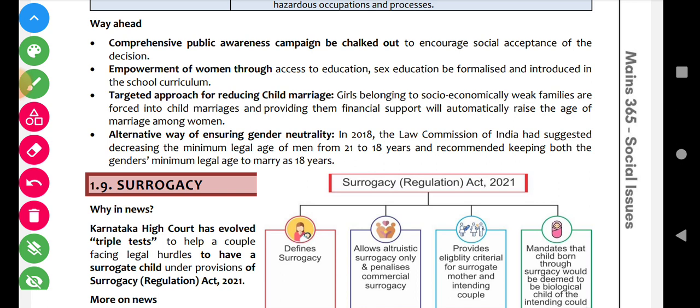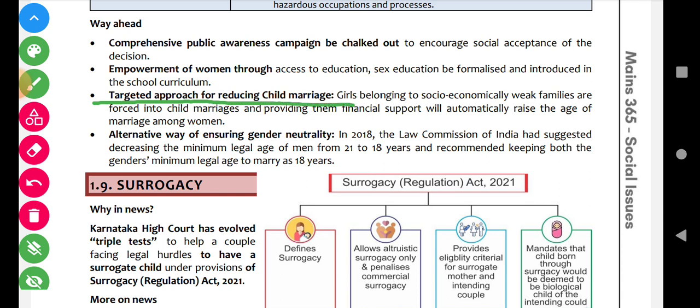Some suggestions for this Prohibition of Child Marriage Amendment Bill 2021. A comprehensive public awareness campaign be carried out to encourage social acceptance of the decision, empowerment of women through access to education, sex education be formalized and introduced in the school curriculum, and a targeted approach for reducing child marriage.